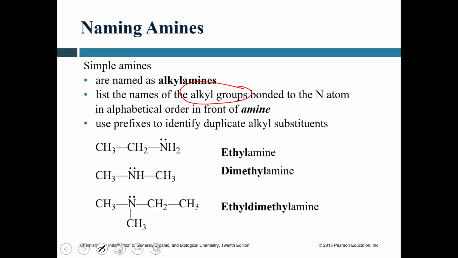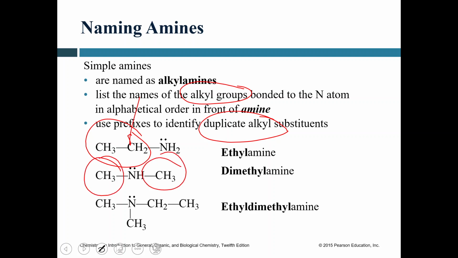You also can use prefixes to assign them to duplicate alkyl substituents. For instance, here you have ethylamine. This is the ethyl group. Here you have one methyl, another methyl, so dimethylamine. Here you have ethyl, dimethylamine.